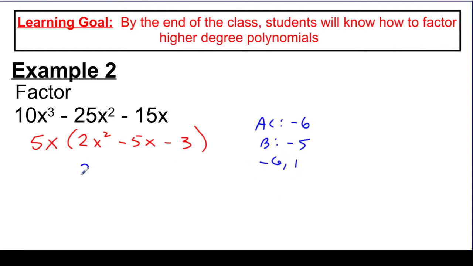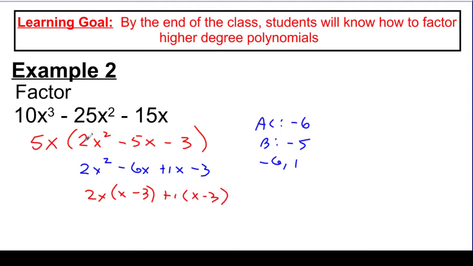So I'm going to rewrite my expression: 2x squared minus 6x plus 1x, which I'm just writing for emphasis, minus 3. When I group the first two, there is a 2x in common, and I'm left with an x minus 3. In my second group, there's only a 1 in common, and I'm left with an x minus 3.